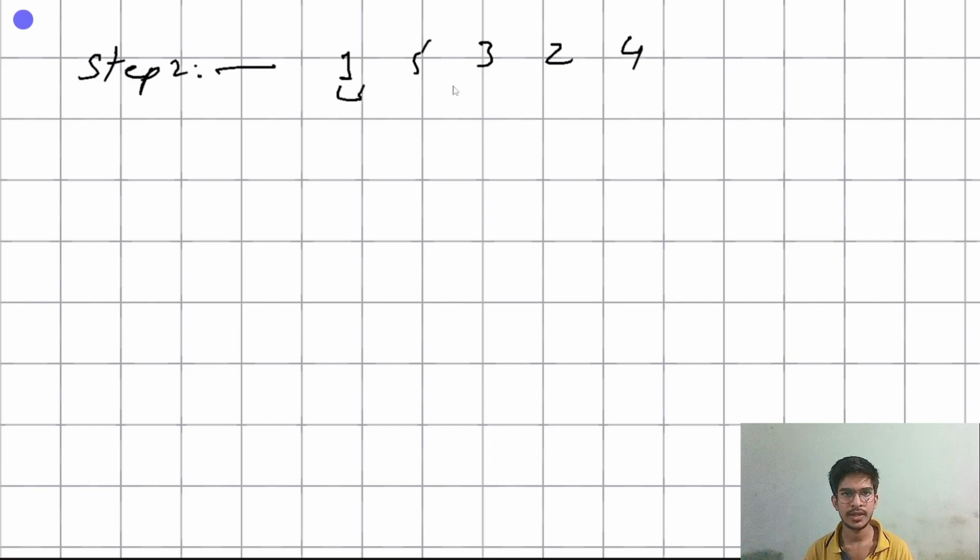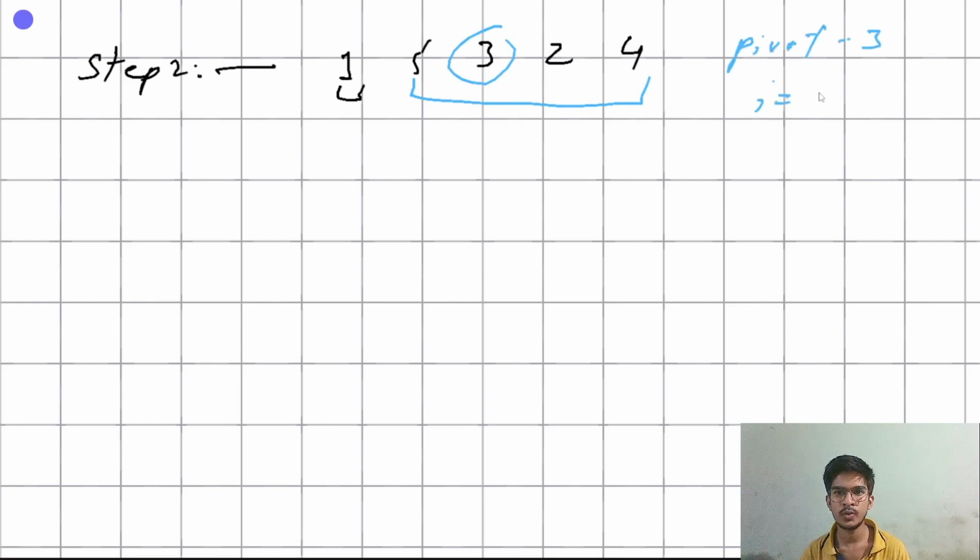This is already sorted, so we need to bother about this particular section. So let's take this as the pivot element. So pivot is 3, i equal to 1, and in this case j equal to 4 only. So j equal to 4.